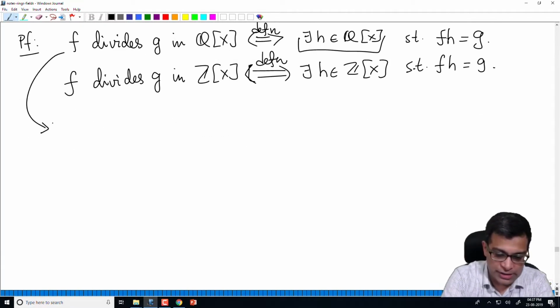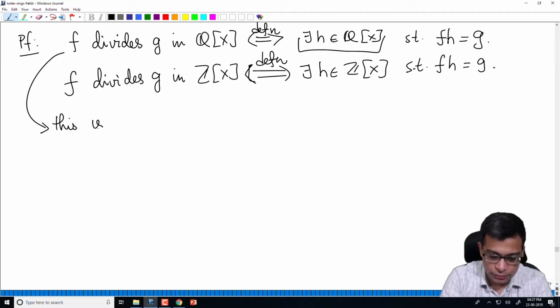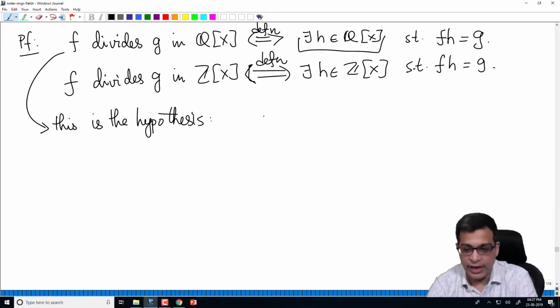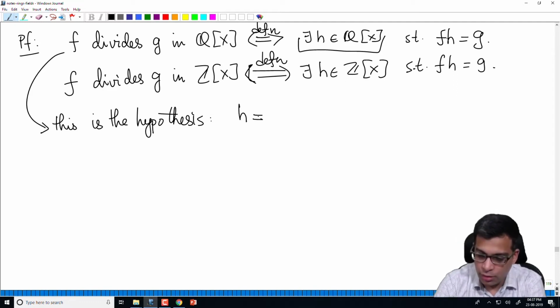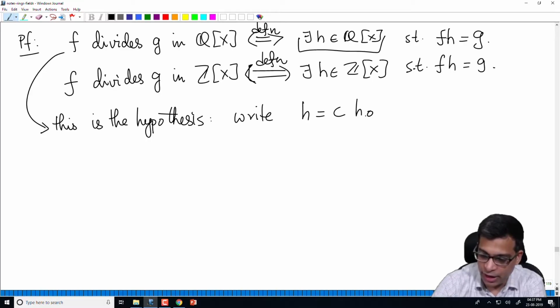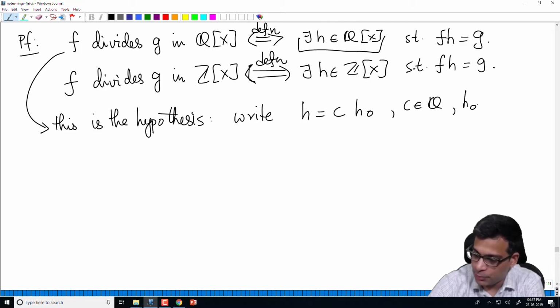So we know that this is a hypothesis. We are given that f divides g in Q[x]. So we know that there is a rational polynomial h such that fh is g. Now using the previous proposition, we write h as c times h0, where c is in Q, which is the content of h, and h0 is primitive.